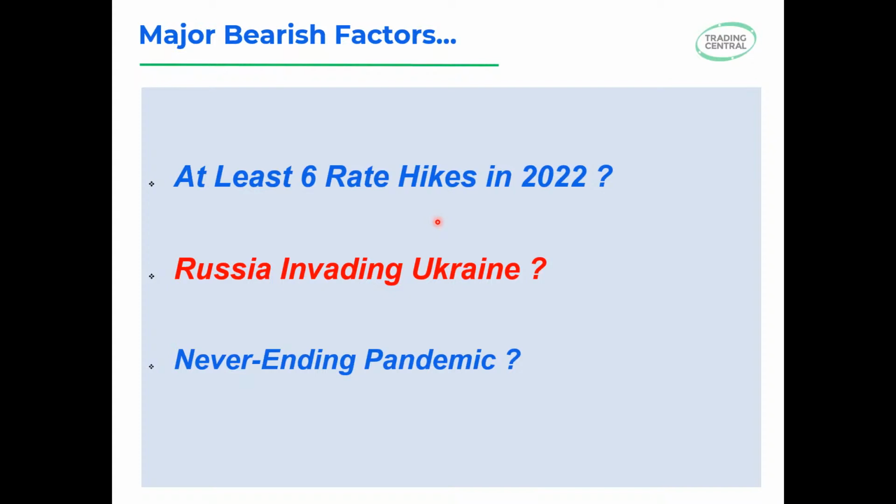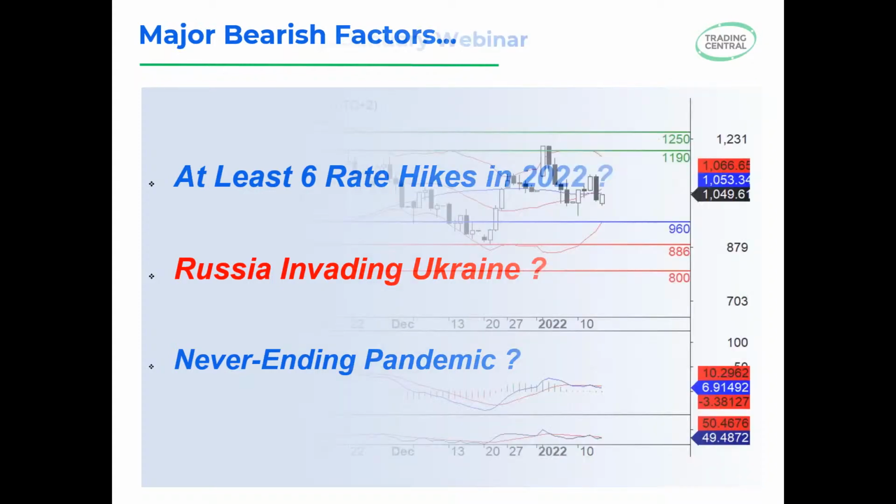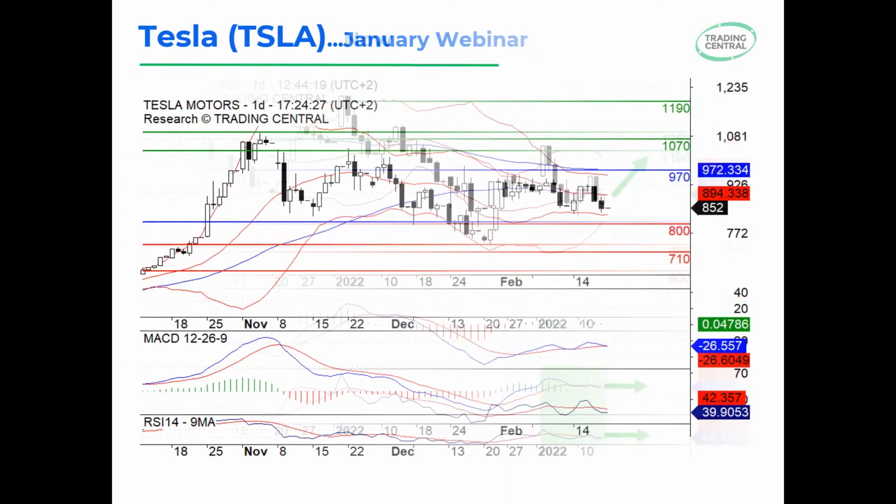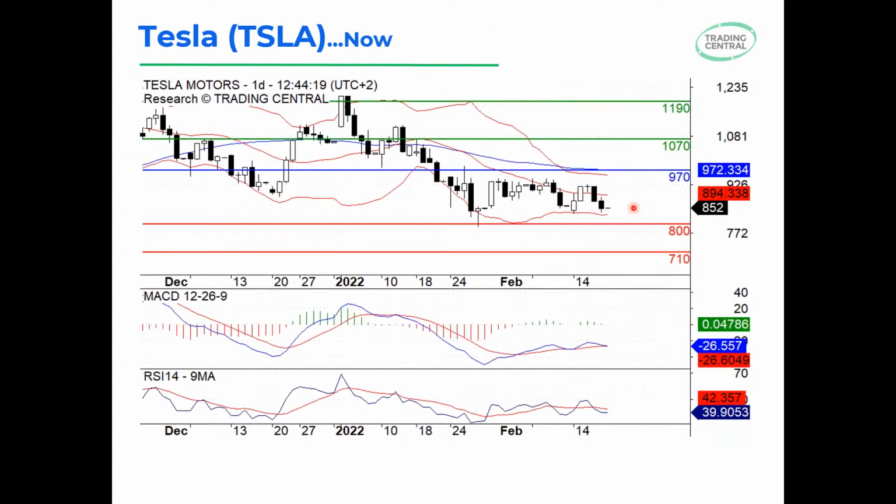Now let's talk about some stocks. Tesla. This slide I showed you last month. At that time I said our key short-term support is 960. Eventually it dropped across this key support, so we should not be bullish for the short term.